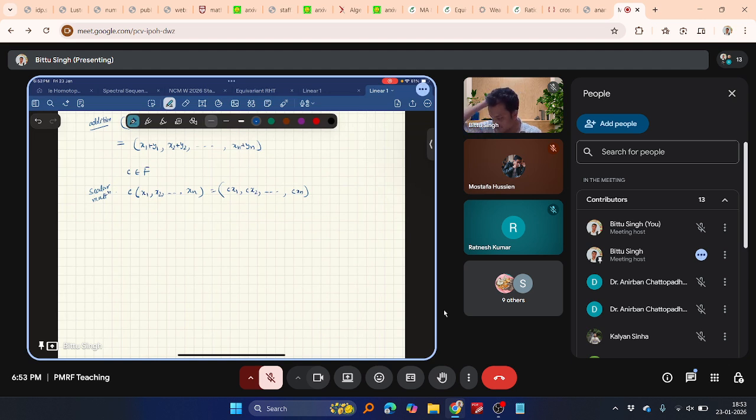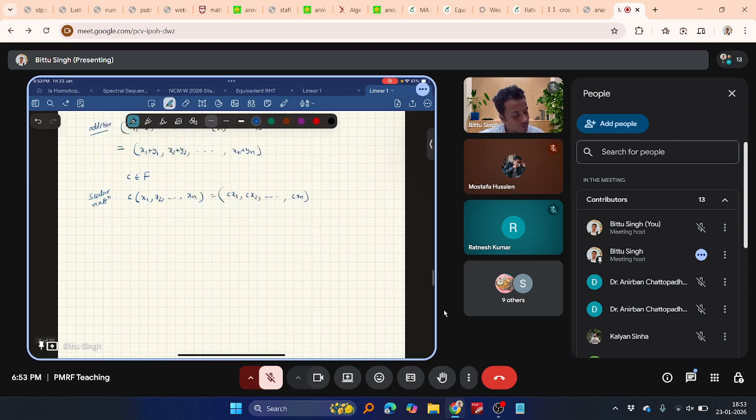There are also more examples. Instead of considering these n-tuples, we can consider polynomials of degree n whose coefficients are taken from the real numbers.